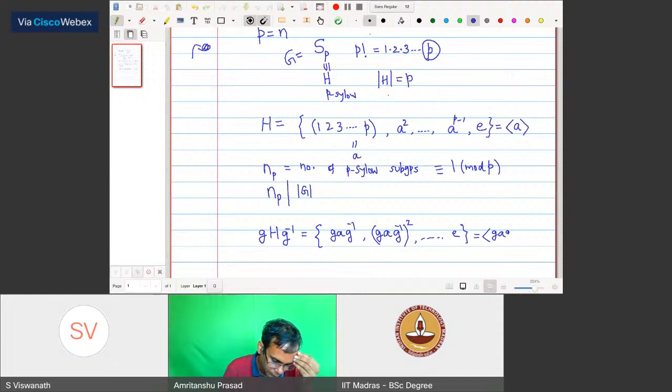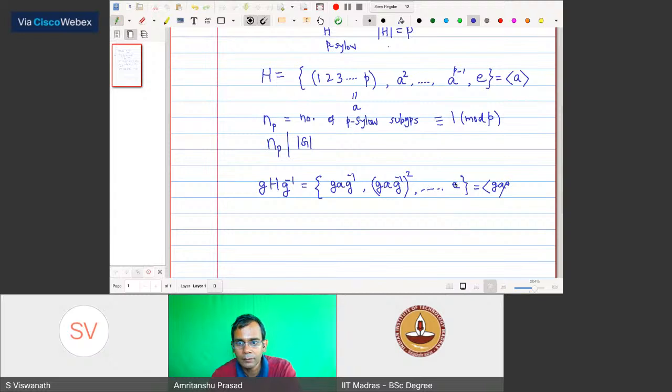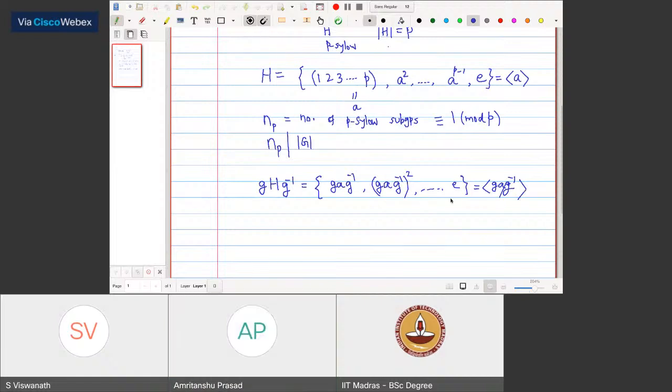Observe that the cyclic group generated by this conjugate is nothing but, well, what is the conjugate of a p-cycle? It is just a different p-cycle.